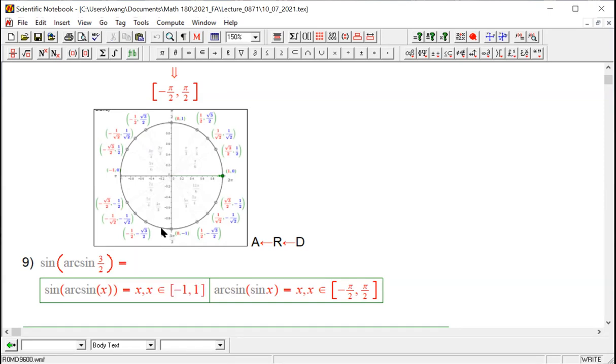So this, you would say it's undefined. Undefined, then what would you say? Because 3/2 is outside the domain of arcsine.